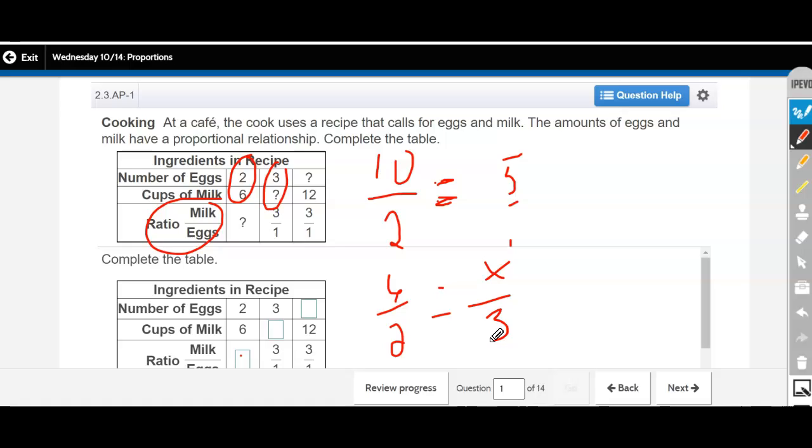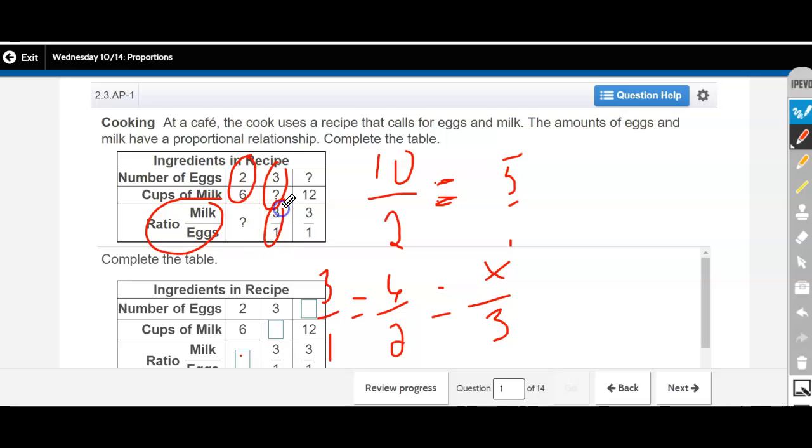So we got to figure out, well, the ratio, if I simplify this down 6 to 2, I simplify that all the way down in simplest form. It is divide 6 by 2, I get 3. 2 divided by 2 is 1, so the ratio is 3 to 1 in simplest form, right?